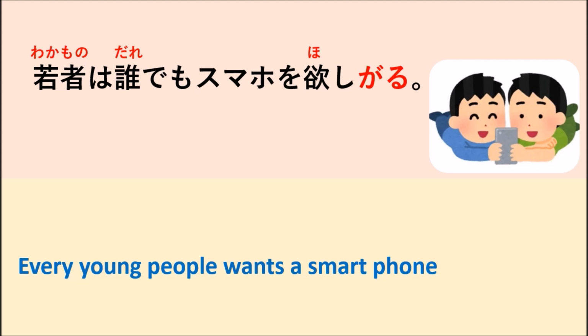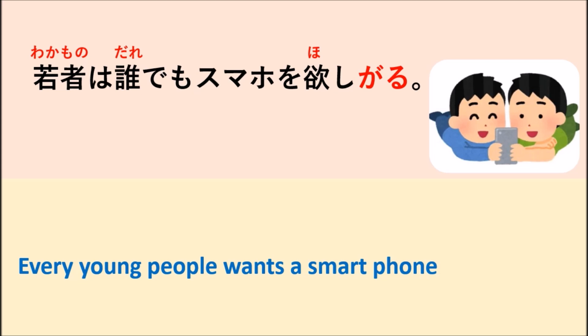That is not specific to someone or somebody. So it means almost every young person. So in the situation that we want to talk about something that almost everybody does, we use garu. And it's not gatteru, right?